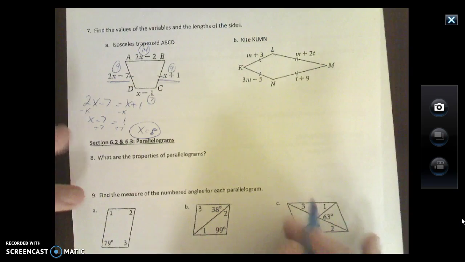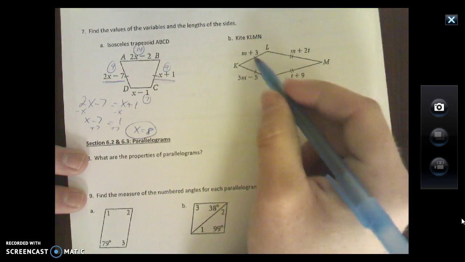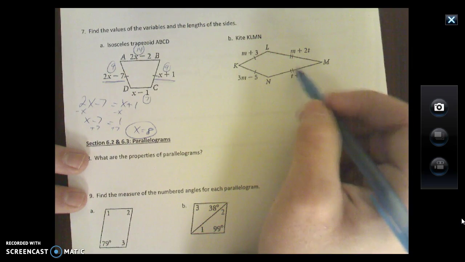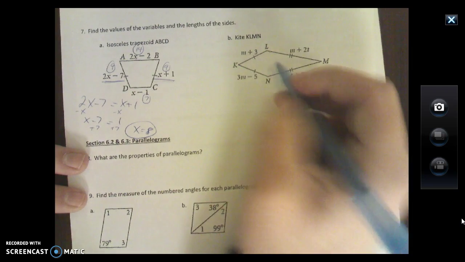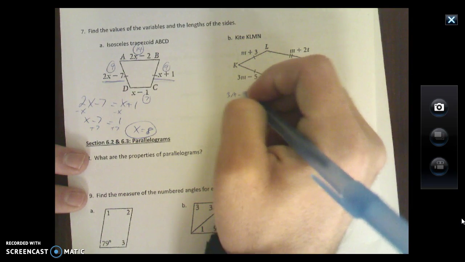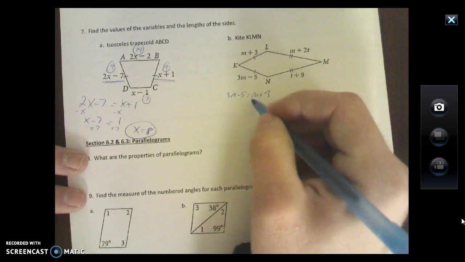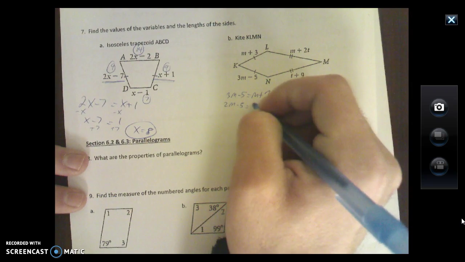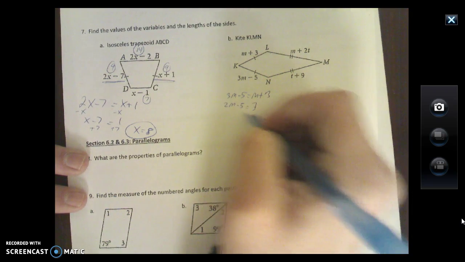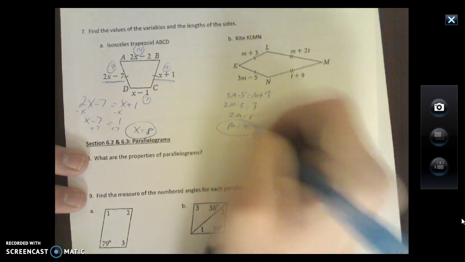So, good stuff. Kite. Guys, use the tick marks to your advantage, okay? These two got to be the same. Those two got to be the same. I wouldn't want to start over here because then I have an m and a t. On the left, I could do 3m minus 5 equals m plus 3. I can subtract m over. 2m minus 5 equals 3. Add 5 over. 2m equals 8. Divide, m equals 4.